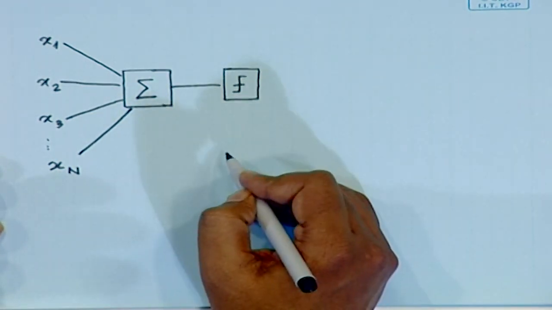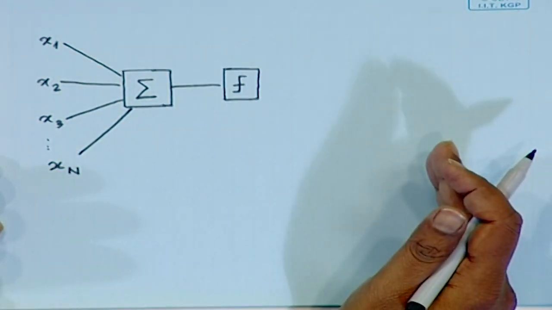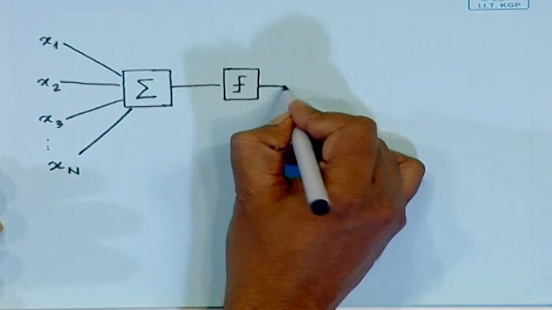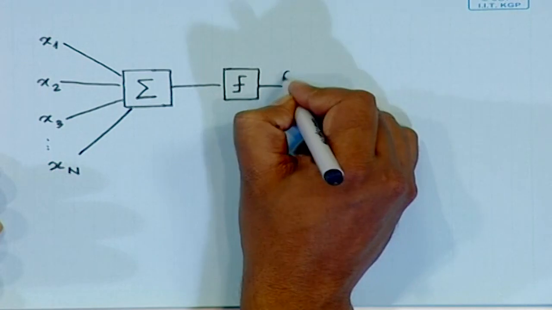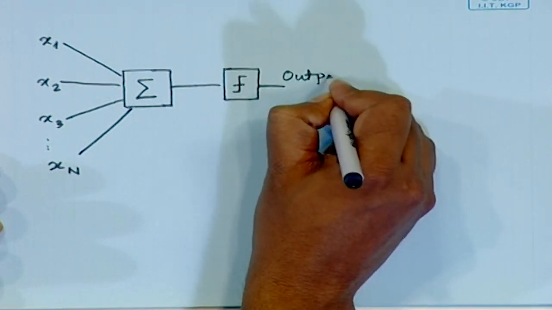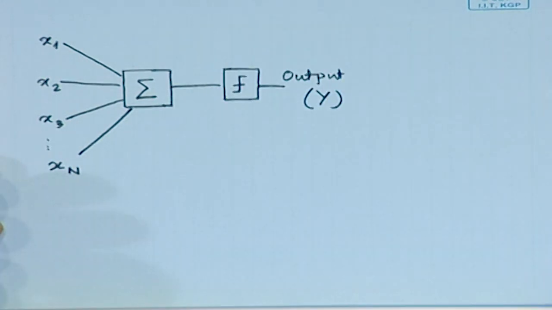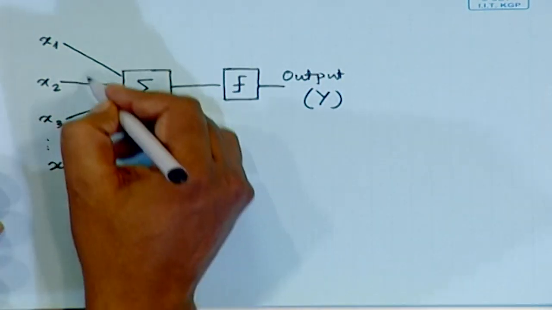Different types of neural networks use different types of nonlinearity, and this is our output. Let us call it y.